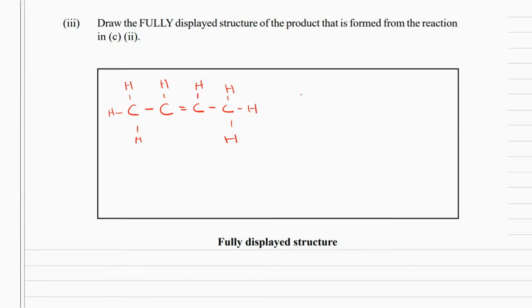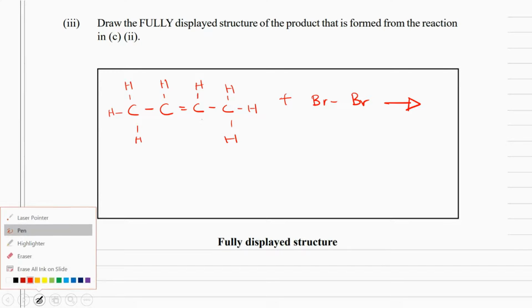When butene reacts with bromine, we stated before that it undergoes an addition reaction, right? So what happens is that this double bond here is broken, and the bromine atoms are added where that double bond is broken.